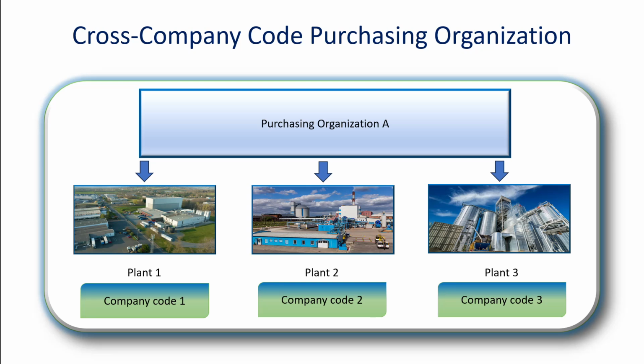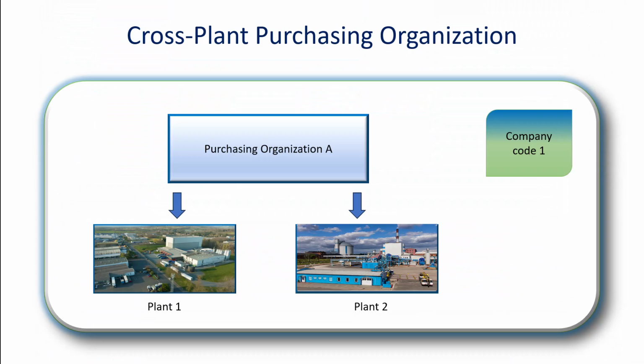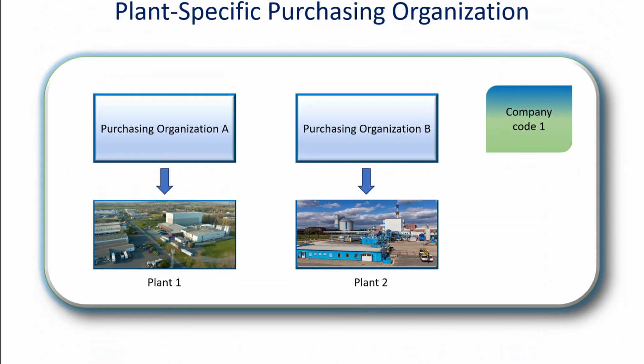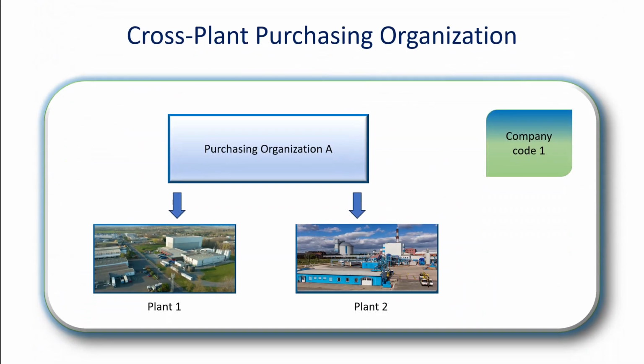In this case, the purchasing organization will not be assigned to any company code. So when you create the purchase order, it will automatically ask for which company code and for which plant you are procuring the material. This is called cross company code purchasing organization.